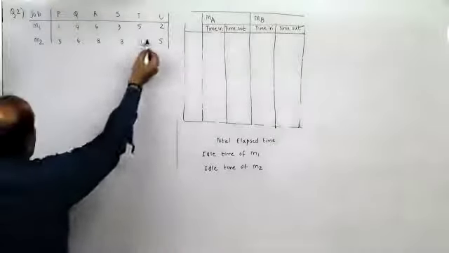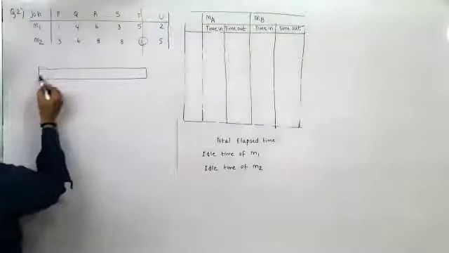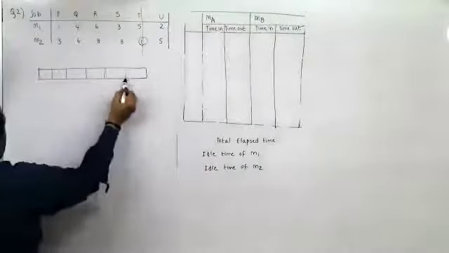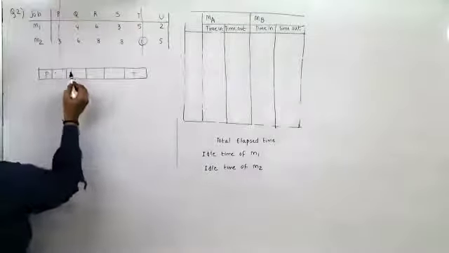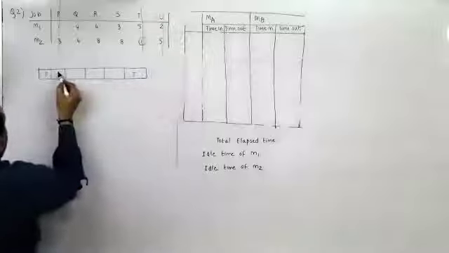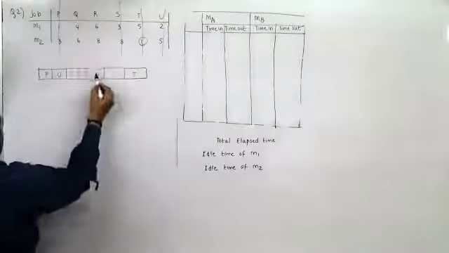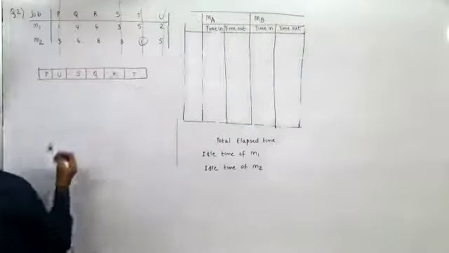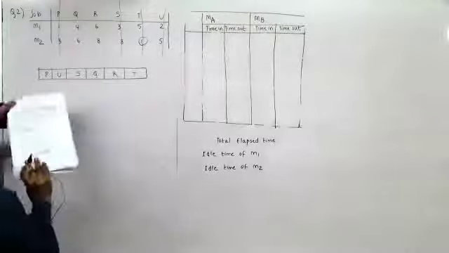First one is the smallest. First of all, there are 6 jobs. So T here, P here, then 2 here, so U, then 3 here, so S, then Q here, and then R here. So P, U, S, Q, R, T is the optimal sequence of the job.